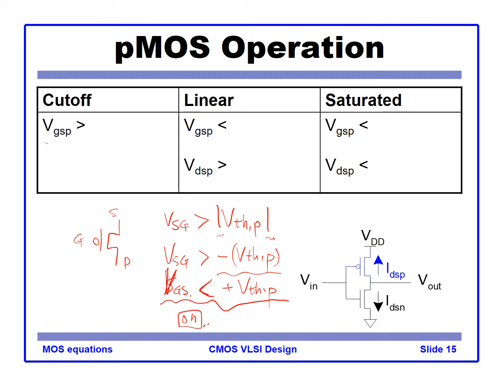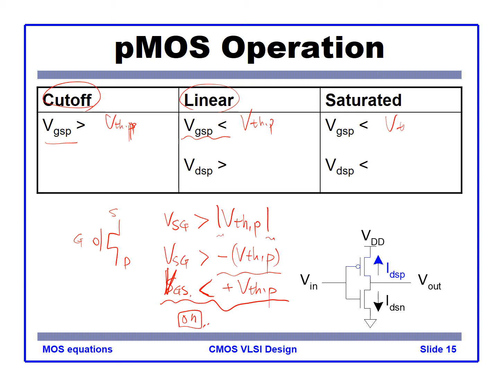In this convention, for the cutoff case we apply VGS greater than VTHP. If you make it turn on in the linear region, then VGSP must be less than VTHP.